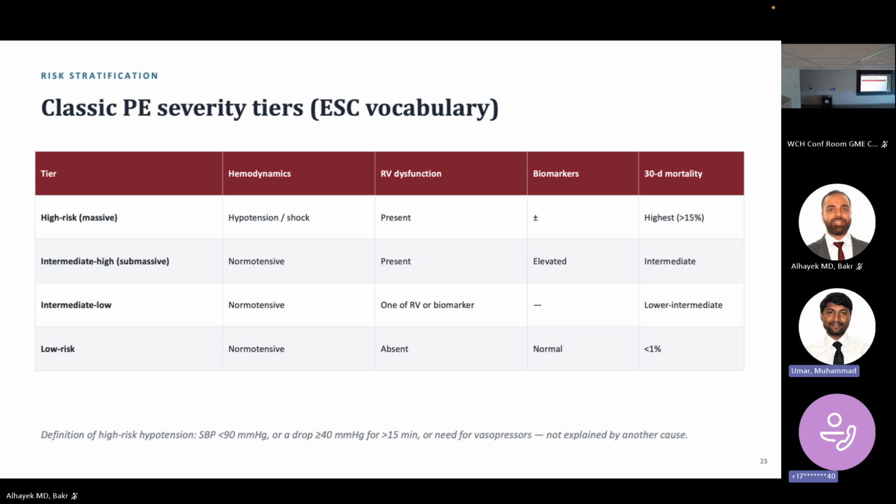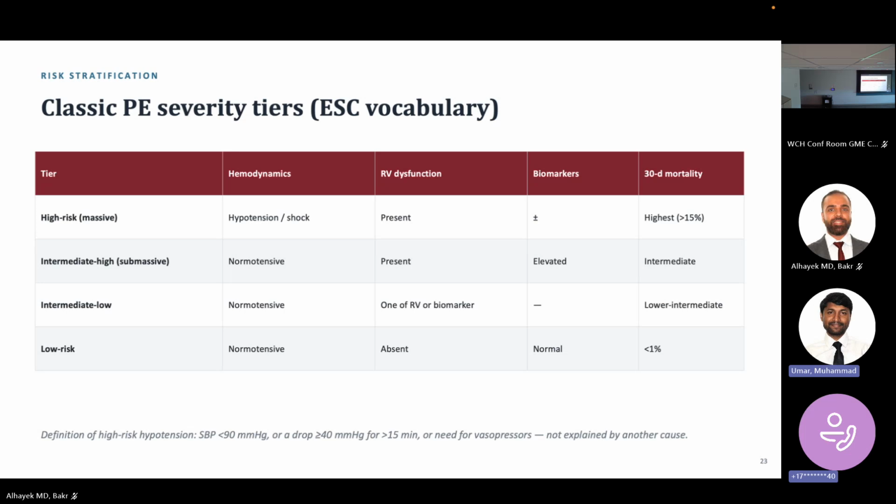So how do you guys differentiate? The RV dysfunction is present if it's massive or submassive. And also the hemodynamics. If the patient is hypotensive, then this is 100% massive. If the patient is normotensive, it's the rest. So blood pressure does not really tell you how sick the patient is. And then you have the biomarkers.